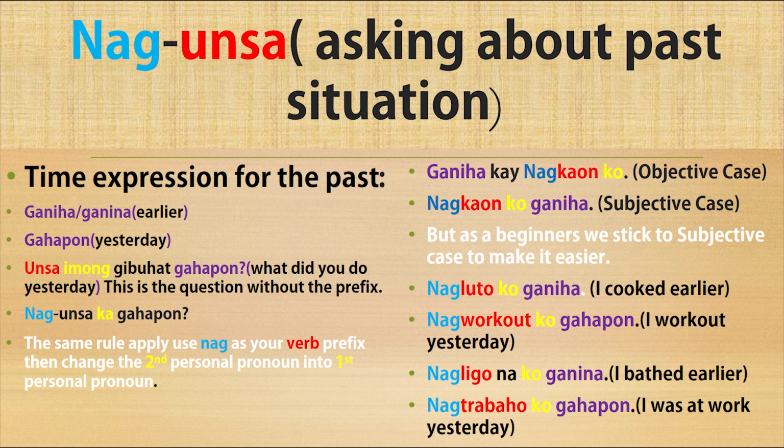Nagluto ko ganiha, I cooked earlier. Nagwork ko yesterday. Nagligo ko, this is past. Nagligo ko yesterday. So if somebody says nagunsa ka gahapon, nagunsa ka ganiha, or nagunsa ka adtong niaging, adtong gahapon, okay?